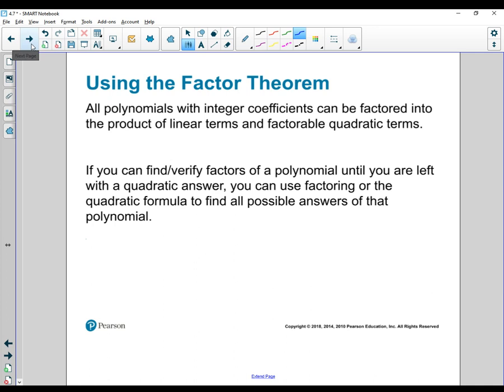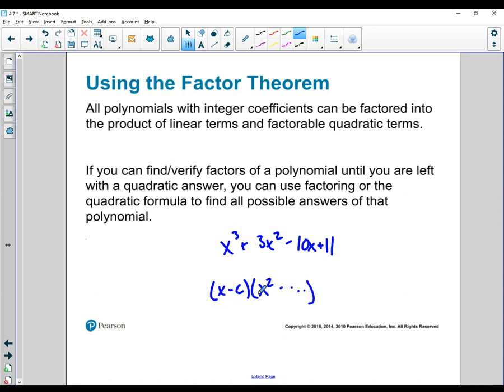So, if you factor, all this is essentially saying is, if you have a cubic, right? If we have x cubed plus, whatever the rest is, I don't know, 3x squared minus 10x plus 11, whatever it is, if you can factor out an x minus c, then the other factor is going to be an x squared something, right?